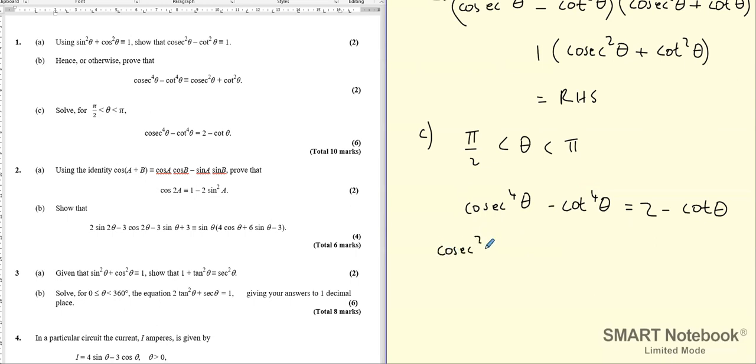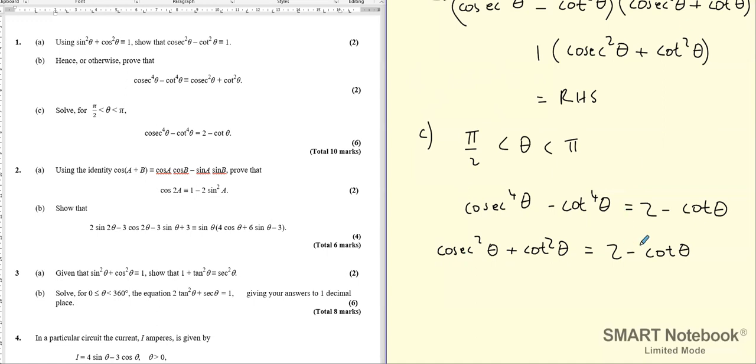So my first step is to write the left-hand side of this equation as cosec squared theta plus cot squared theta equals 2 minus cot theta. Okay, and this was from part B. Now, I've got essentially a quadratic, but using first year knowledge about quadratics in terms of sine or cos, we now have quadratics either in terms of cosec or cot.